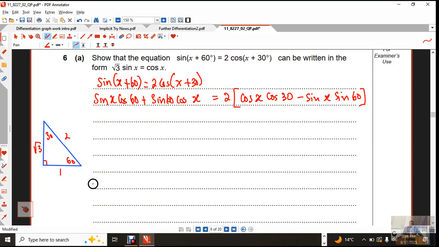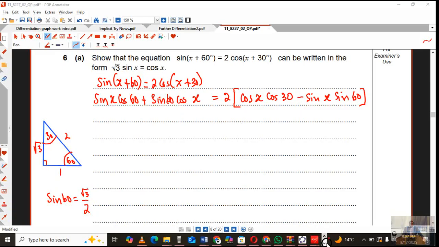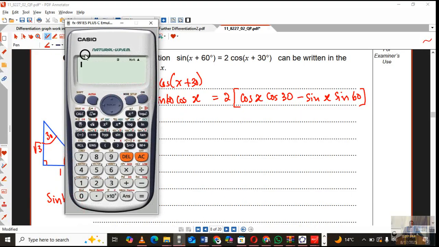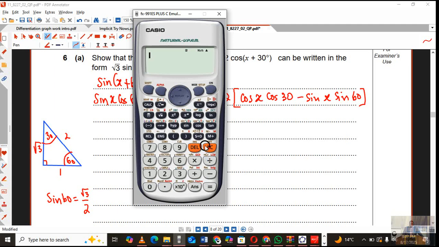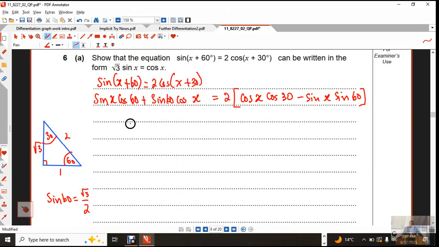If you were to use your calculator to calculate, for example, the sine of 60 degrees, it's just going to be root 3 over 2. You can have a look with your calculator. If you have a problem with these special angles, make sure the calculator is in degree mode. I expect you to know this by now. Sine of 60 degrees is root 3 over 2. So we find that from there, and I'm just going to complete that.